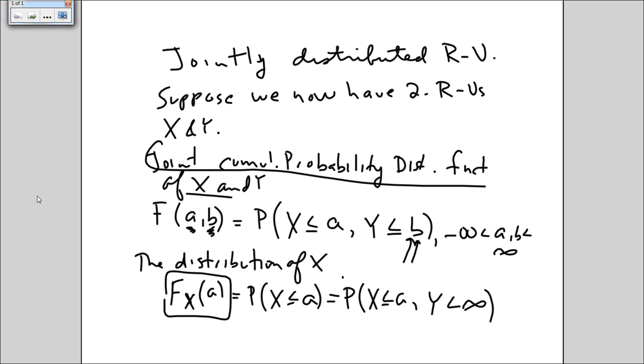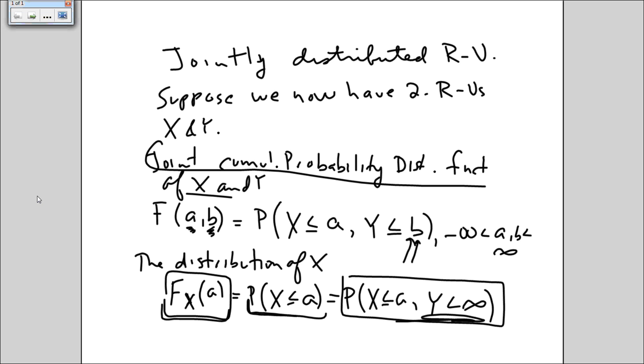We probably won't ever write this again, but that's what it means. That is, when we have F sub X of a, it means the probability that X is less than a and Y is less than infinity.